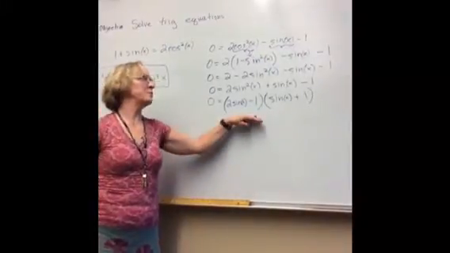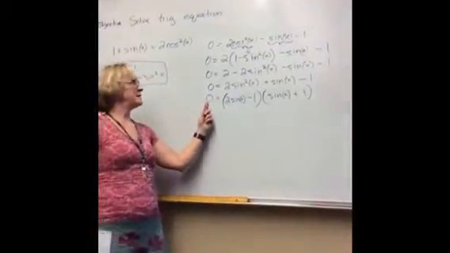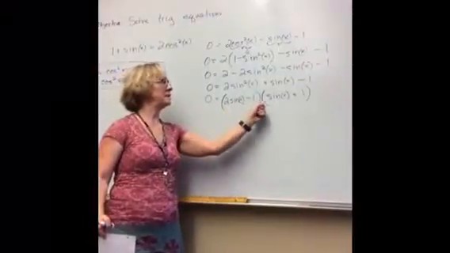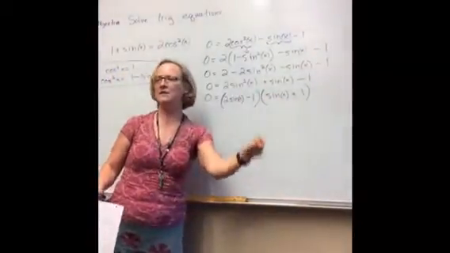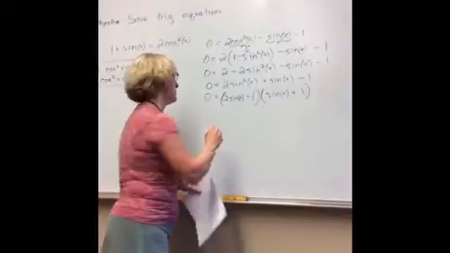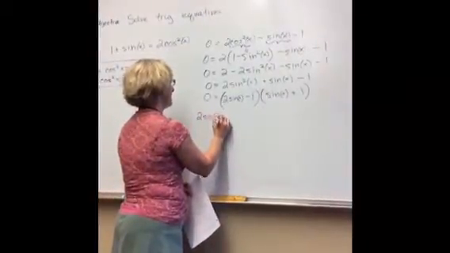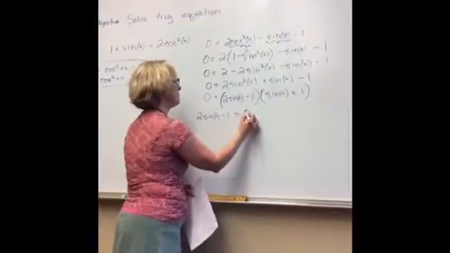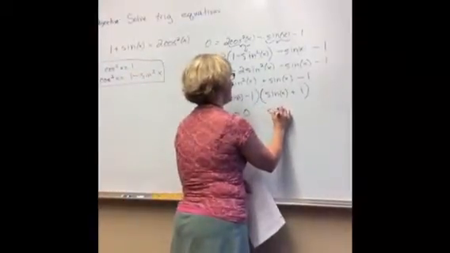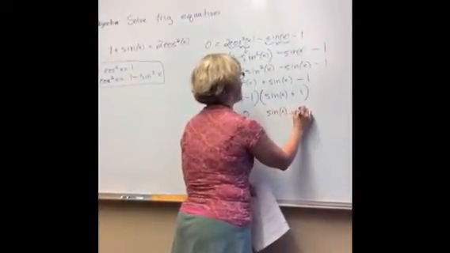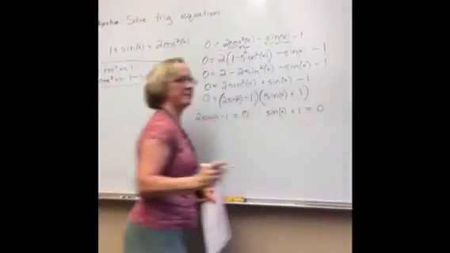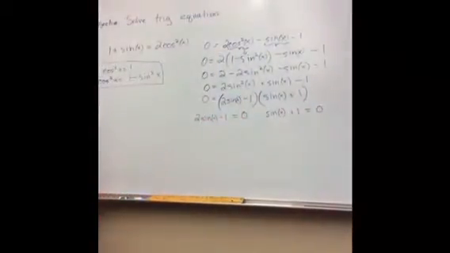We're going to use the zero product property because we have 0 equals this times this. So we set each factor equal to 0. So we have 2 sine of x minus 1 equals 0, and sine of x plus 1 equals 0. Okay?